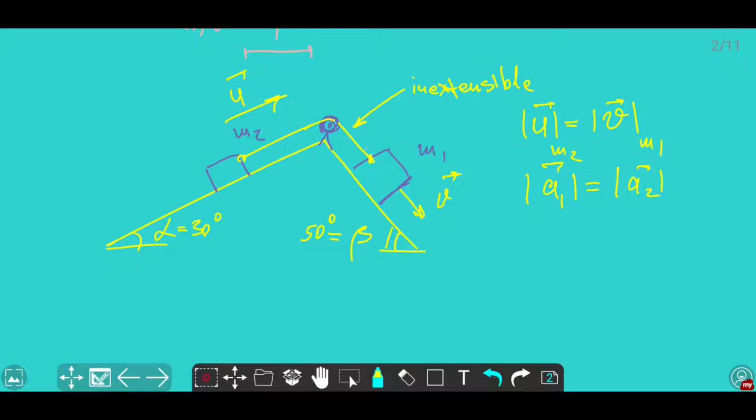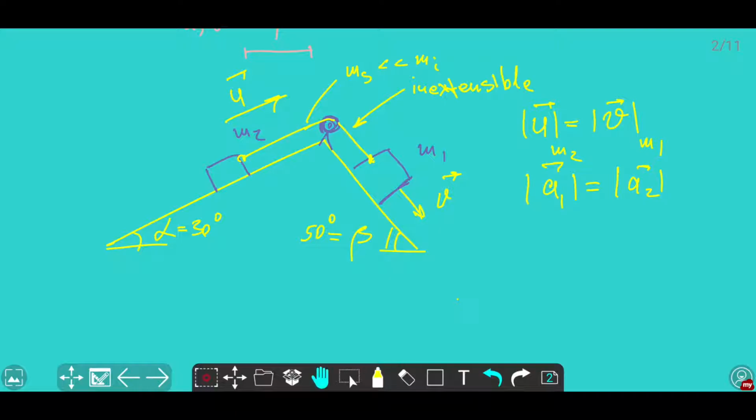And of course the string doesn't have any mass, so its mass is negligible, much less than the mass of any particles within the system. So it's not necessary that the two objects move in the same straight line. They might be moving, as in this case, over different lines and in different directions. However, they should definitely be straight lines.